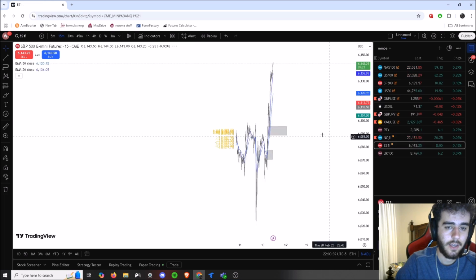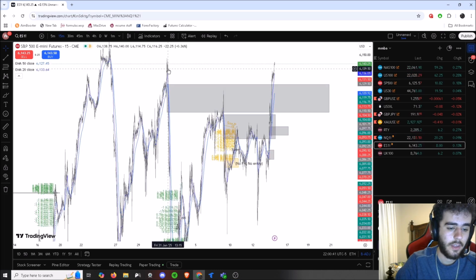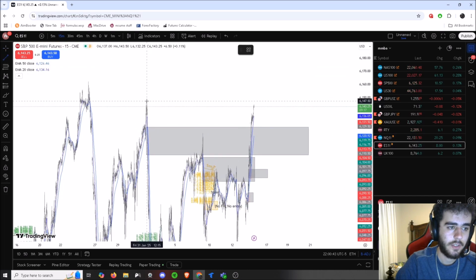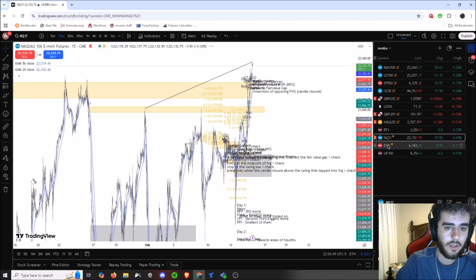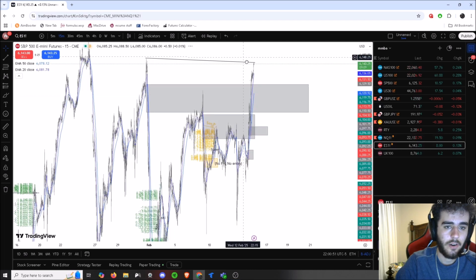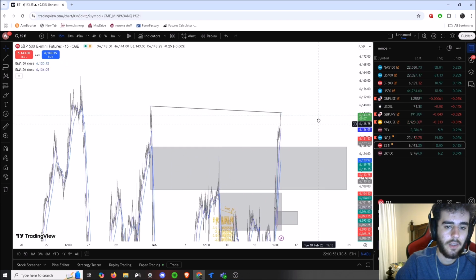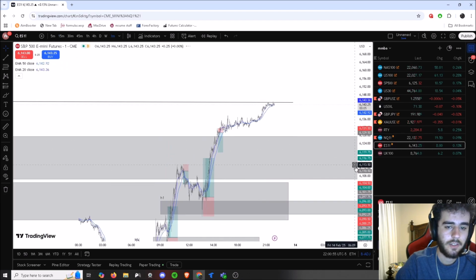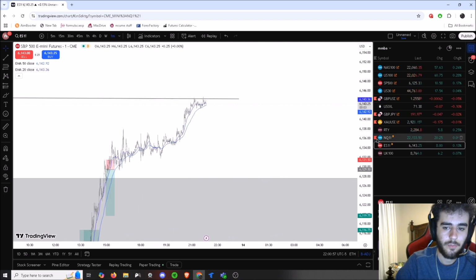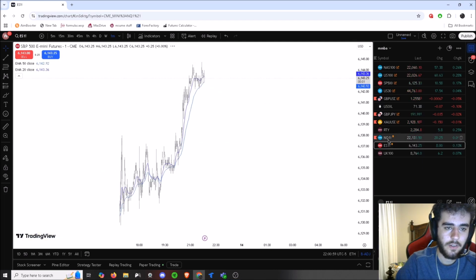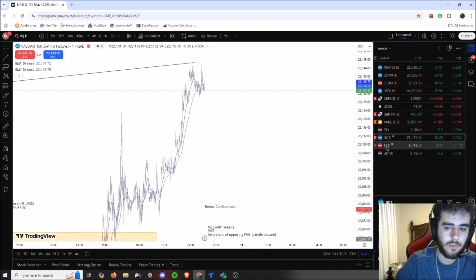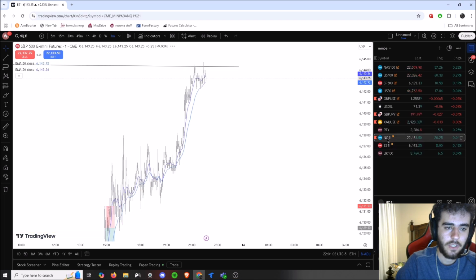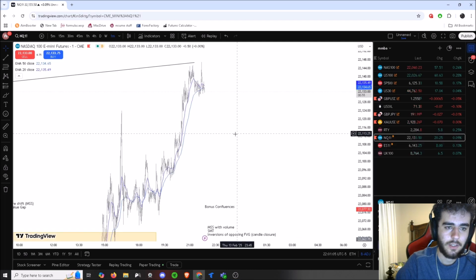This high at the 30th has not yet been taken out by ES, S&P 500. SMT is between NQ and S&P 500. They are correlated assets. They move together. This simply means that they move in a very similar trajectory. If you look at the two charts, you may see that they are quite literally the same.